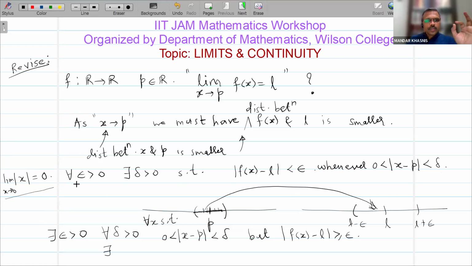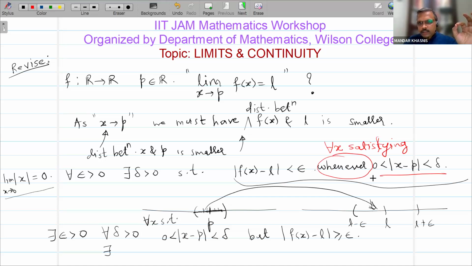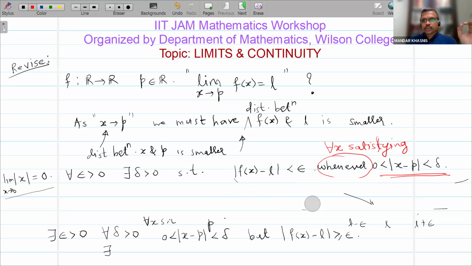So let me disclose, understand, when we write this, what we mean. When we write "whenever," what is the meaning of whenever? Whenever means for every x satisfying this, we must have this to be true. That's what the statement is. So I can actually write it in another order, so that negation will be easier, faster and accurate.